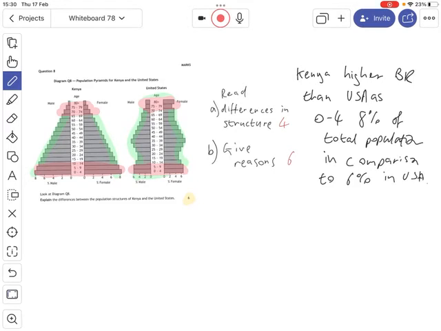Something like that, generally speaking, is what we're looking for at that particular point.